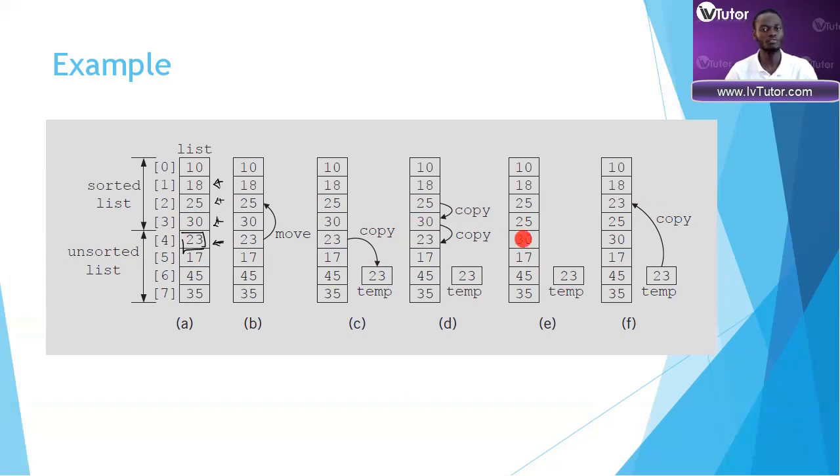That is why insertion sort makes a lot of movements, because you're going to have to move 30, you're going to have to move 25, and then after that you move 23 to this index. But in terms of applying the algorithm, all you are doing is just keep moving 23 upwards until it cannot move anymore, which means until you meet a number that is not less than 23, and then you stop. And everything else shifts downwards in this case, or to the right if it's horizontal.